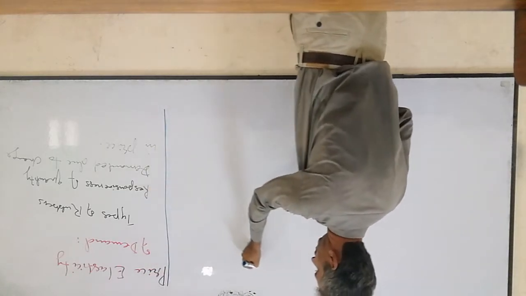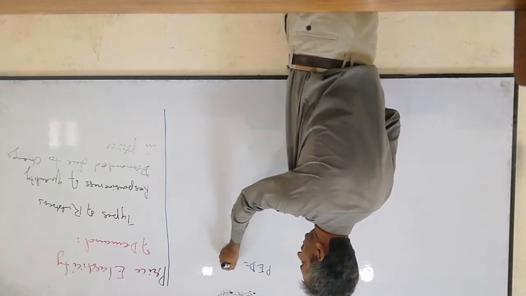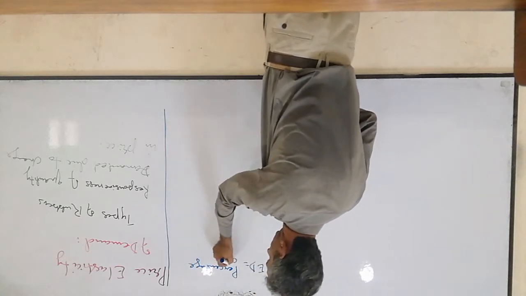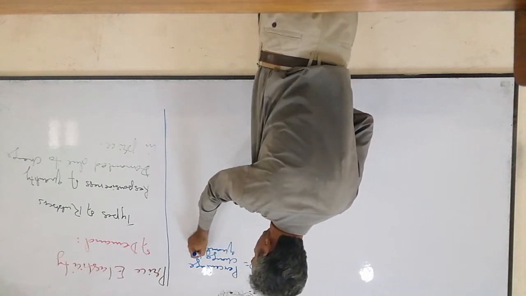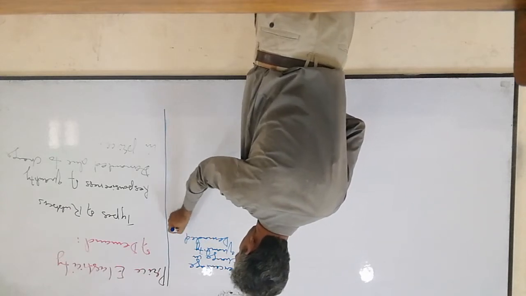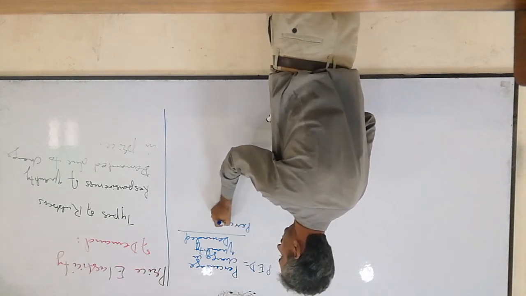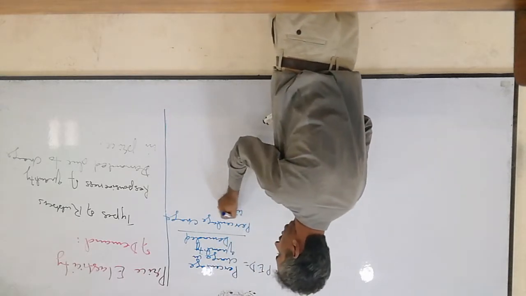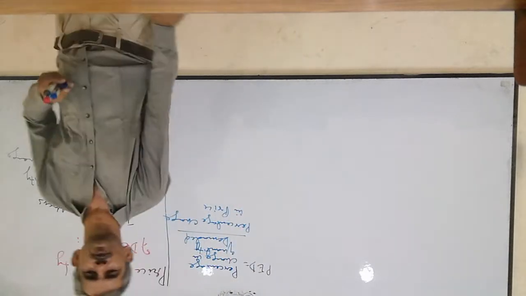The price elasticity of demand is the percentage change in quantity demanded divided by the percentage change in price. So this is the formula we need to solve.